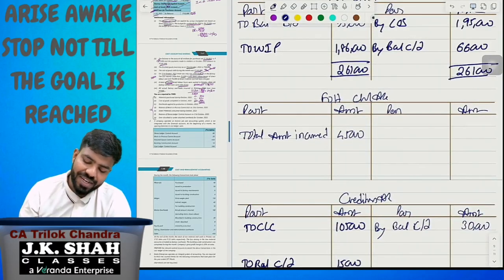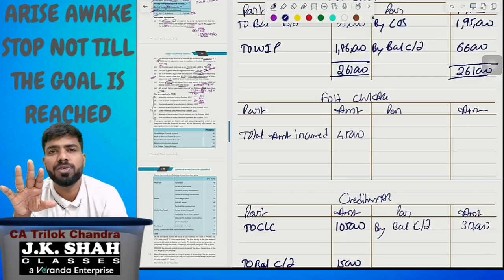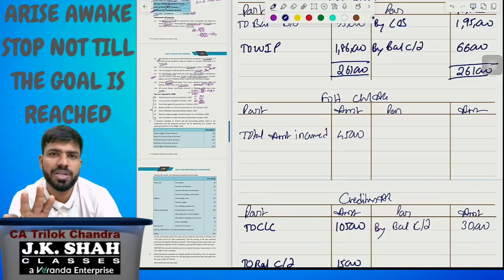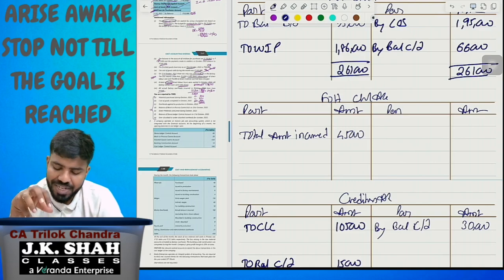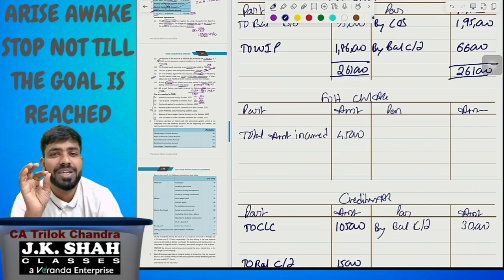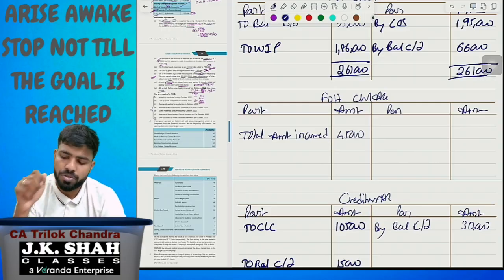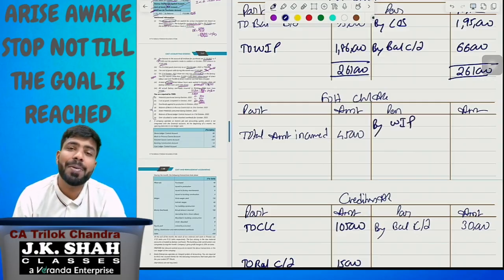Next, factory overheads. Please understand, the total factory overhead incurred is 45,000, and it will be absorbed. The factory overheads will be absorbed to which account? Work in progress account. Absorption of factory overheads is to work in progress. So I'll write by work in progress. What is the base? Labor hours.